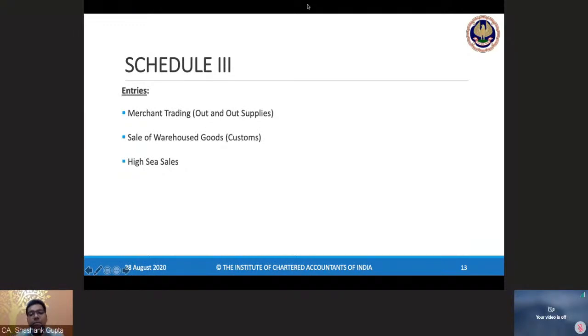Neha is asking, please explain interest liability under DCA. Okay, let me give you an example. Suppose there was a sale of 10 lakh rupees and the buyer said, I will make payment after 3 months. So the Del Credere Agent comes in, because the seller is demanding the payment on the first day.